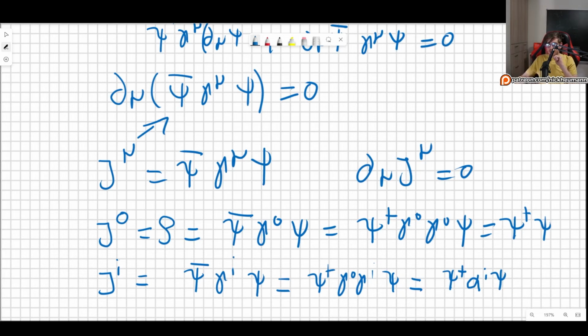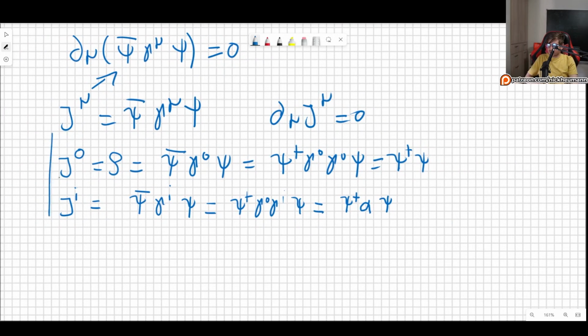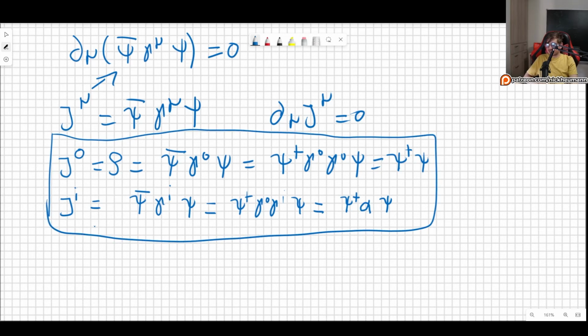So that's the way in which we can define those currents. This alpha, I think we just defined it as the alpha vector, actually. So that is the way in which we can derive or write down these currents. As you can see, there is no problem with them. There are no time derivatives, which was the case in the Klein-Gordon equation. So these are perfectly valid. Everything is nice.